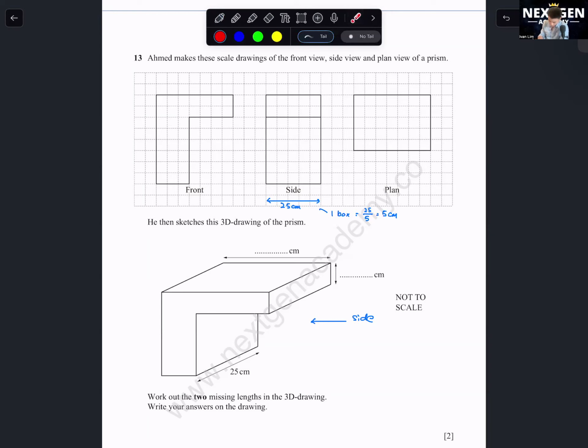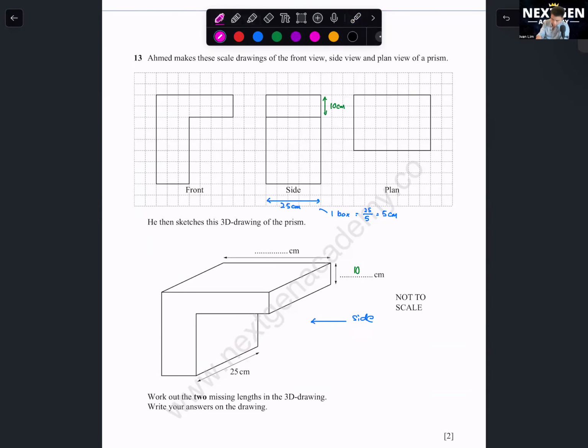Okay, what do they want us over here? Okay, this part here, we look at the side. This one got two boxes. So two boxes will be equal to 10 cm, which is this part here. Okay, one more. This is from the plan view. We've got 1, 2, 3, 4, 5, 6, 7.